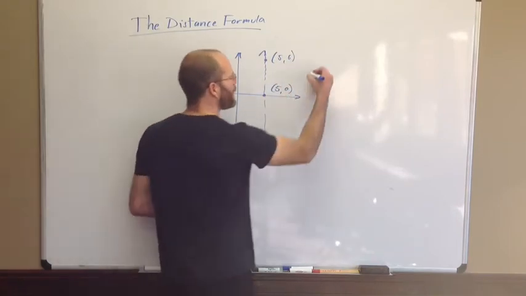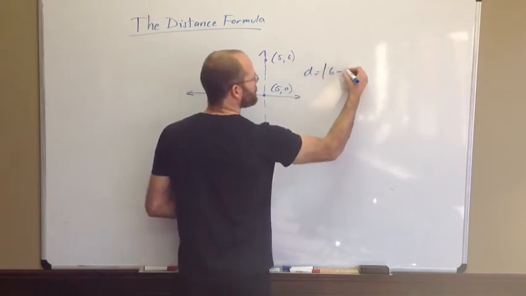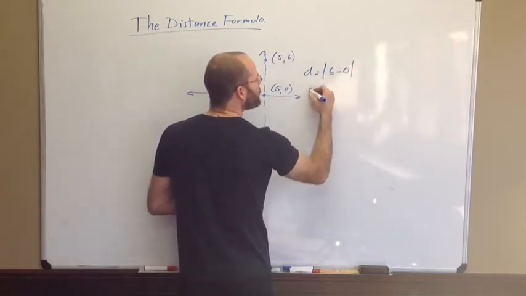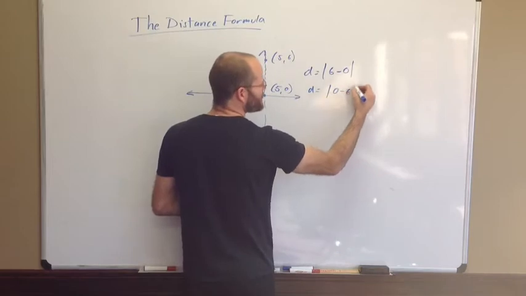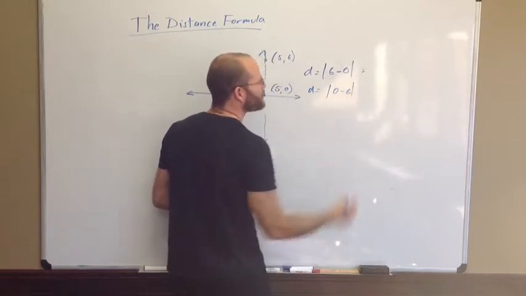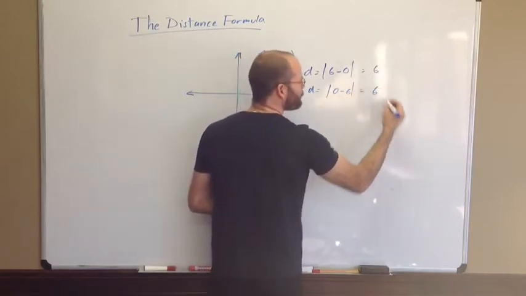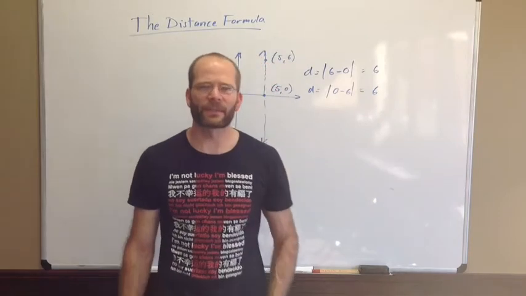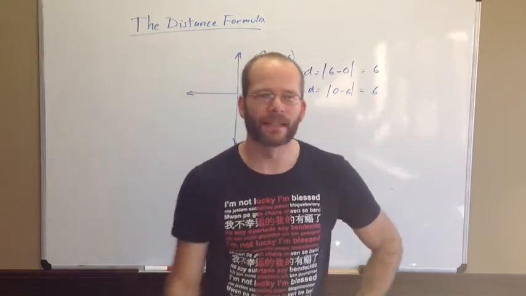That is the absolute value of 6 minus 0, or the absolute value of 0 minus 6. Either way, we end up with 6 units.